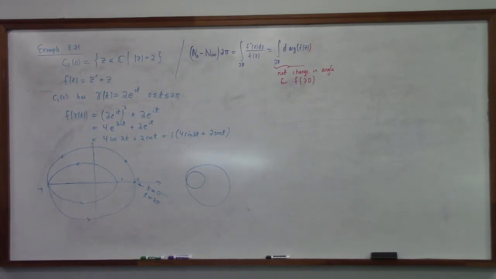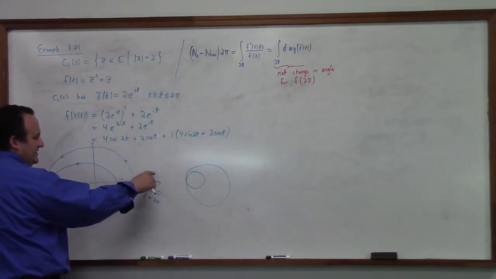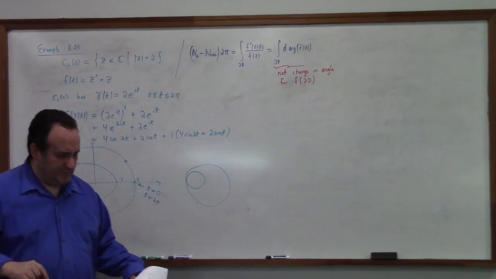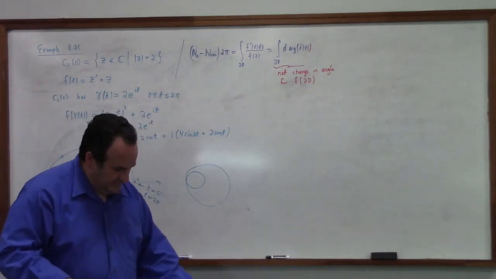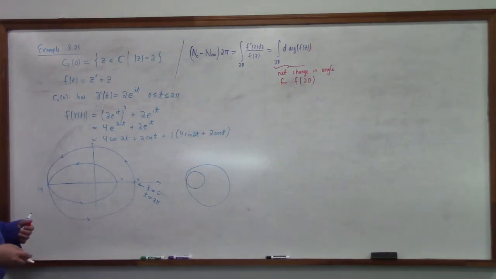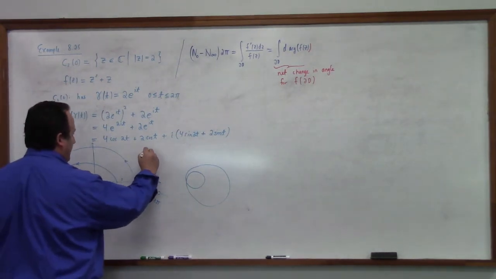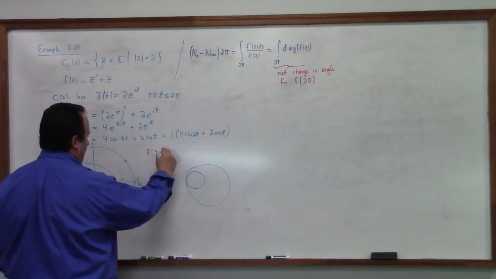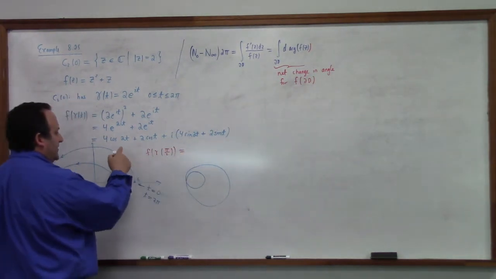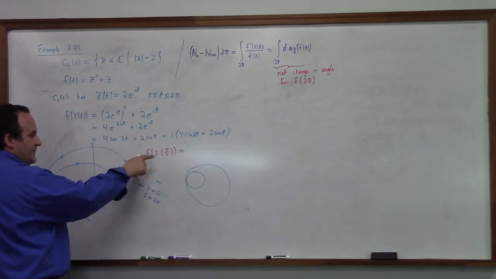Let's see, just for the sake of a little more commentary, when we get to t equals pi over 2, where does f of gamma of t sit? Zeros for the first terms. So 0. But notice that 2 times pi over 2 is pi.